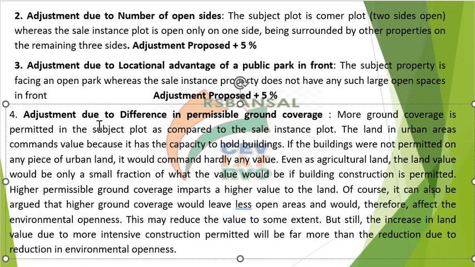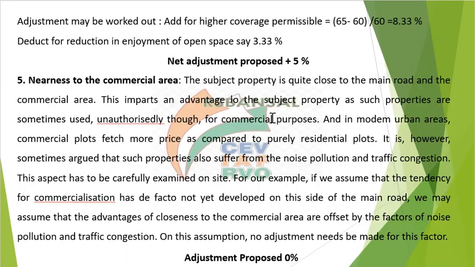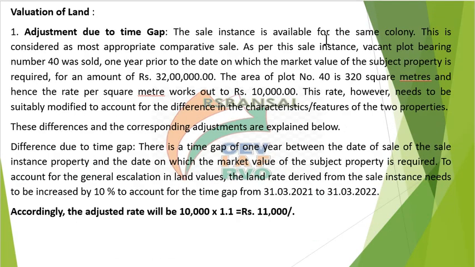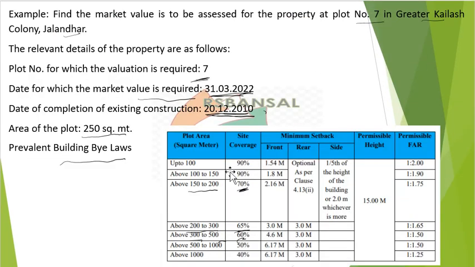Then adjustment due to difference in permissible ground coverage. As you know, for 200 to 300 the permissible coverage is 65%, and above 300 the permissible coverage is 60%.